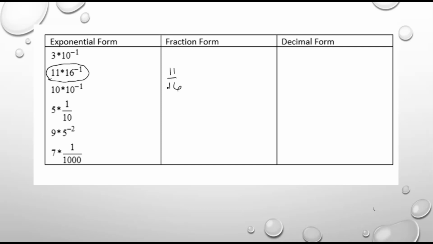Now, it's going to be really difficult on this one to get this to have a denominator of 10 or 100 or 1,000, etc. So the only way to really do this one is just to simply divide. And so I'm going to go 11 divided by 16. And being that that's very annoying, I'm going to do it on my calculator.